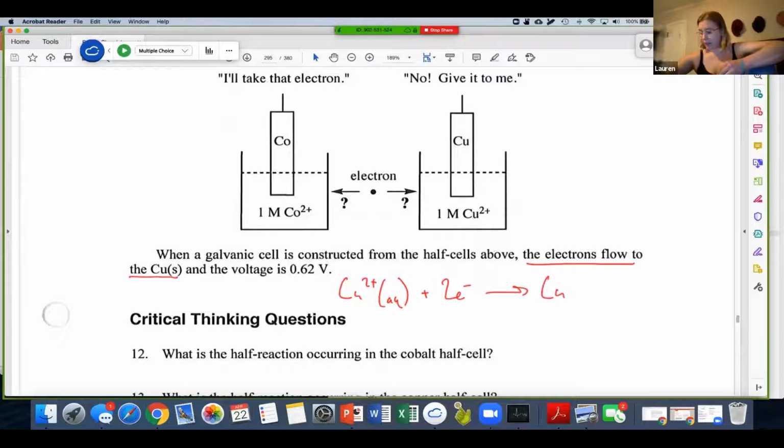So for the half reaction for copper, I have Cu2+ aqueous plus 2 electrons produces solid copper.